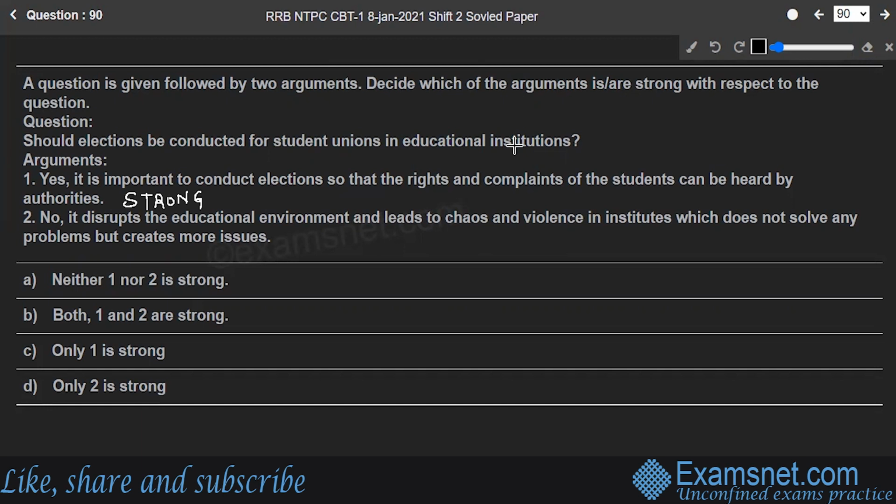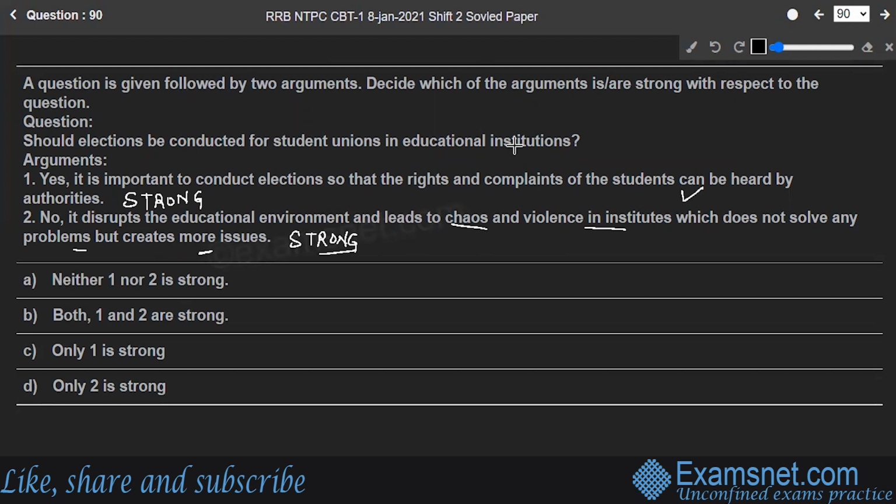This is absolutely right. No, it disrupts the educational environment and leads to chaos and violence in institutes, which does not solve any problems but creates more issues. This is also right. This is also a strong argument as it gives a proper reason why elections should not be conducted in educational institutions.